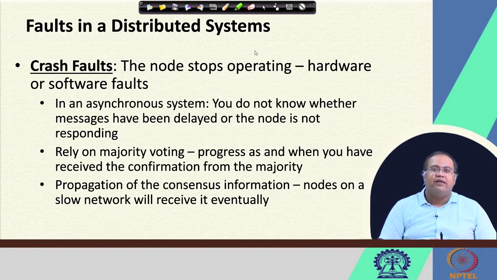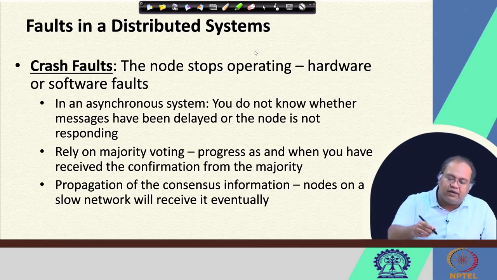Earlier we had seen them briefly. For the consensus algorithms that we are going to design, this fault architecture has a significant impact, so we need to characterize the different kinds of faults that can happen.